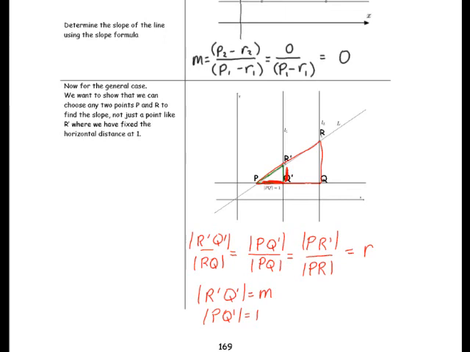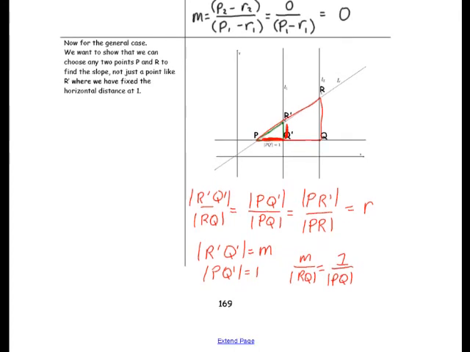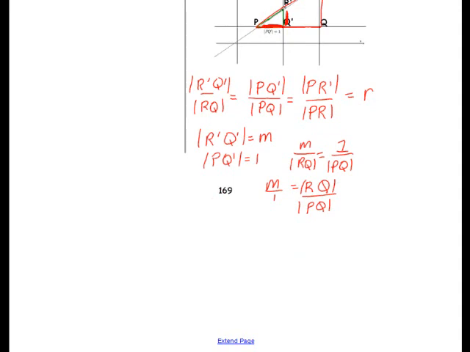Then by substitution we have this: m, which is the slope, over RQ is equal to 1 over PQ. This is equivalent to m over 1 equals the distance of RQ over PQ. M over 1 simplifies to m, and this gives us the distance of RQ over the distance of PQ.